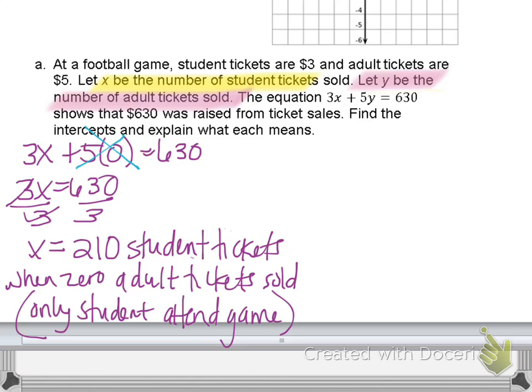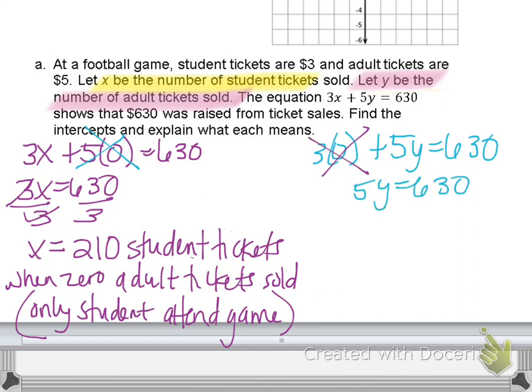And then if we find the y-intercept, we would fill in 0 for x. And that's going to cancel out to be 0. And then we'd have 5y equals 630. Divide by 5. And we have y equals 126.